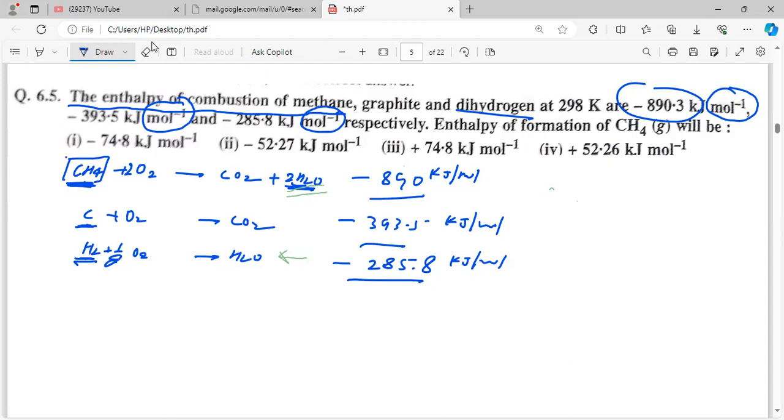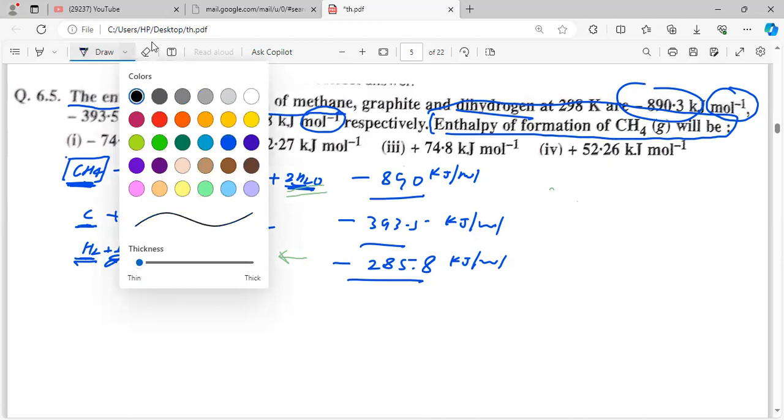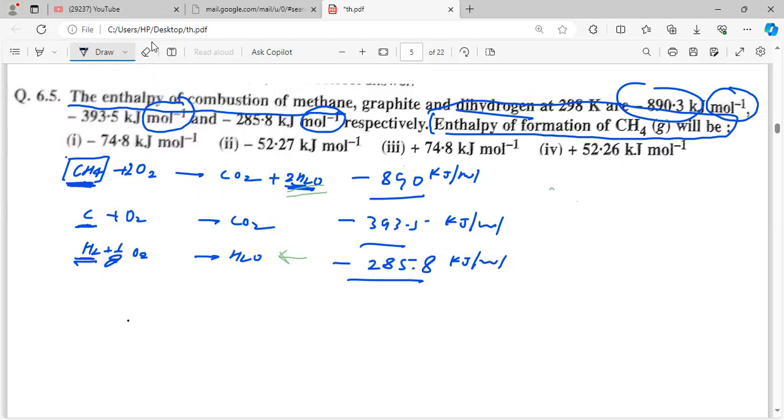Okay, then the next point they are asking is the enthalpy of formation of CH4. What is the enthalpy of formation? It means the formation of 1 mole of a compound from its standard states. So what is the required reaction?